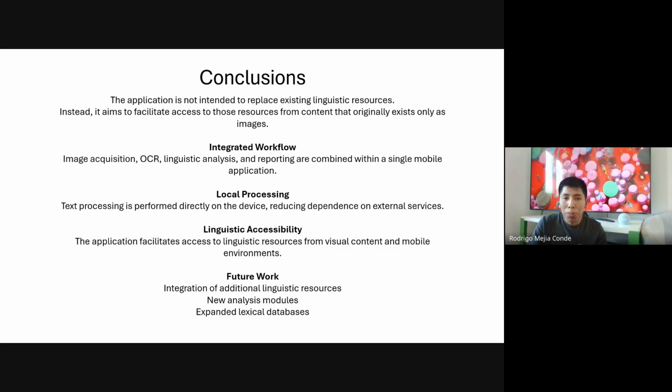The application also helps bring linguistic resources closer to visual and mobile environments. Future work includes the integration of additional language resources, analysis modules, and expanded lexical databases. I will be happy to answer questions.